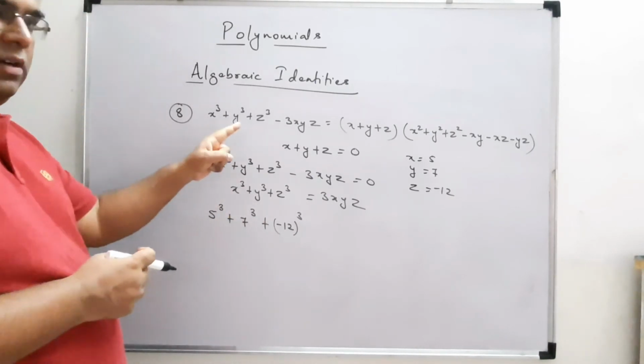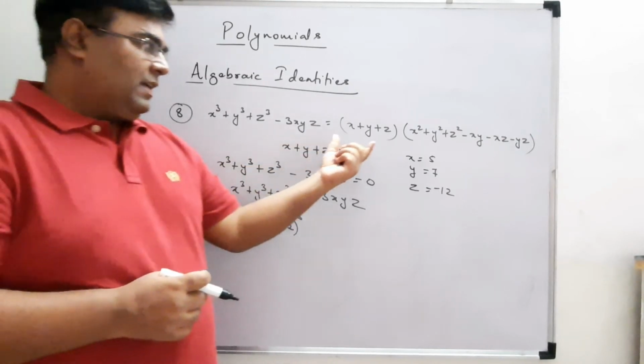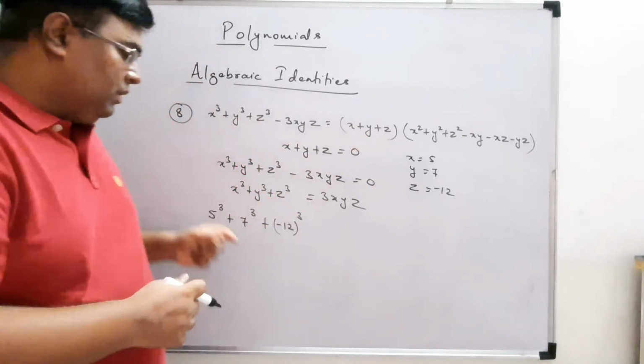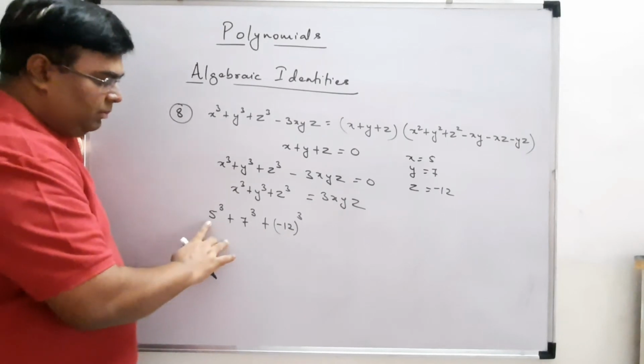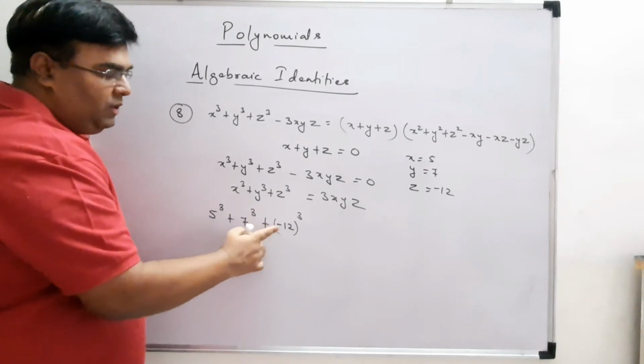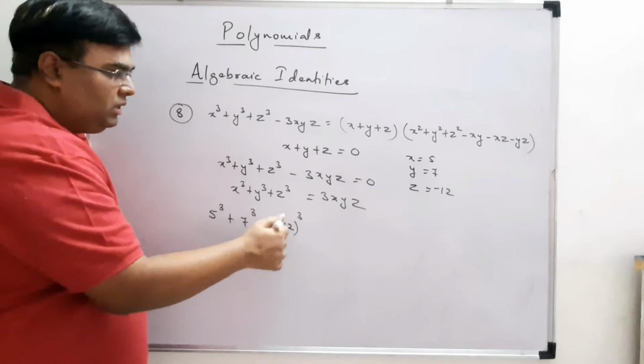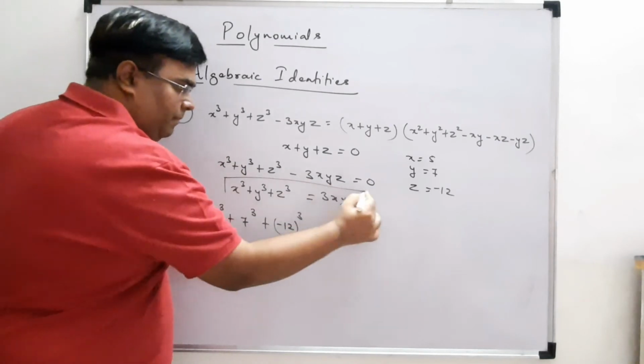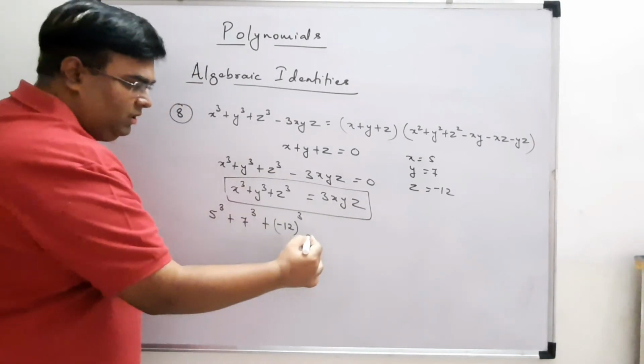But if you know this formula and that x plus y plus z is equal to 0, you can take the sum here: 5 plus 7 is 12, 12 minus 12 is 0. So we can use this formula here. So what will it be?